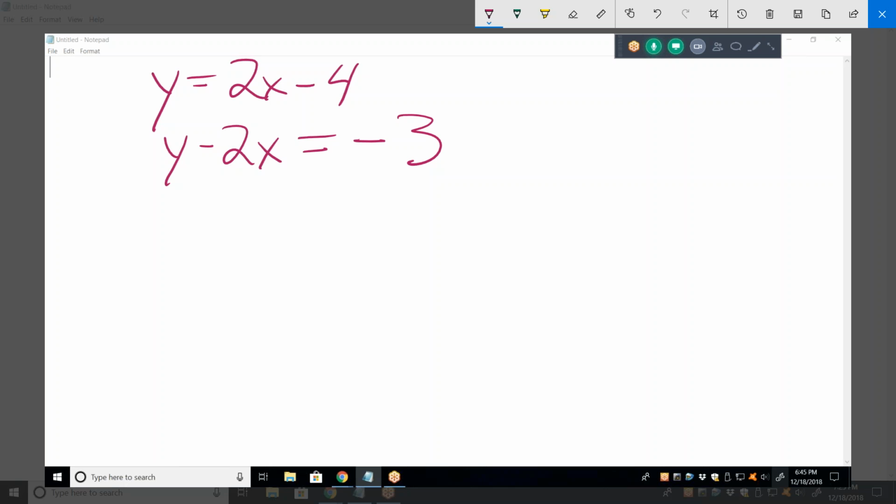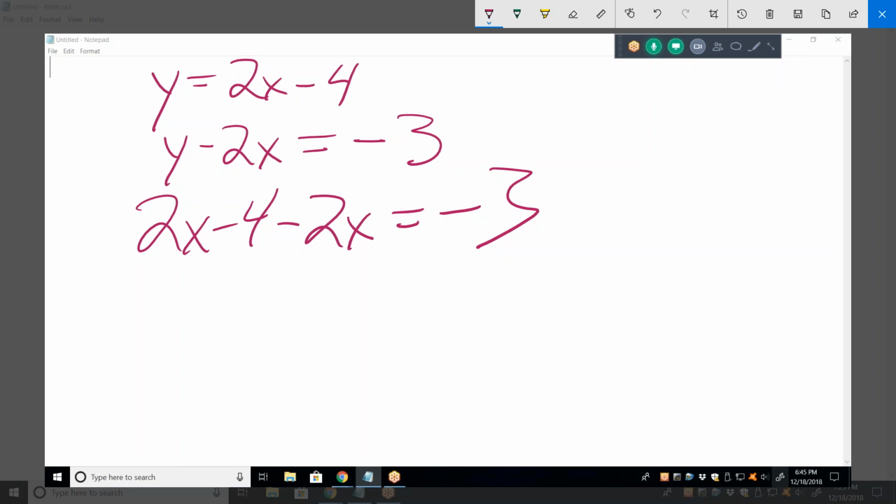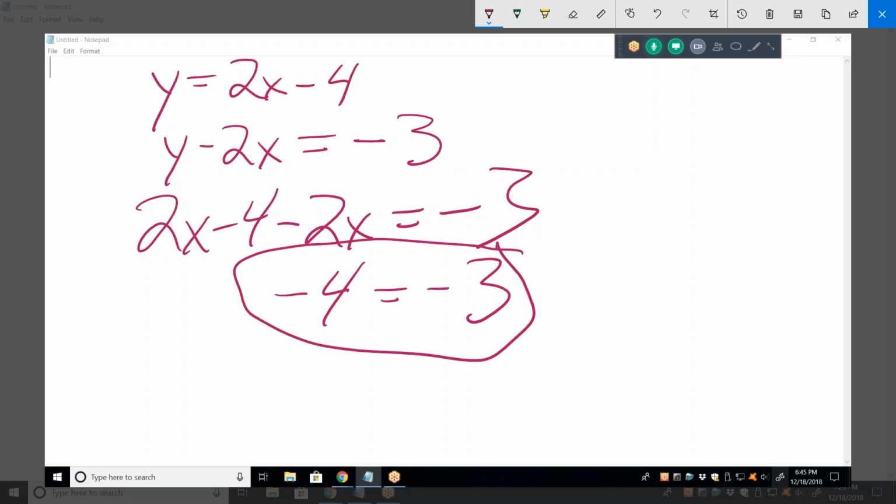What do you get when you use substitution? And what does that mean? That actually has a meaning here. Exactly. In other words, because minus 4 is never equal to minus 3, it means there's no solution to that.